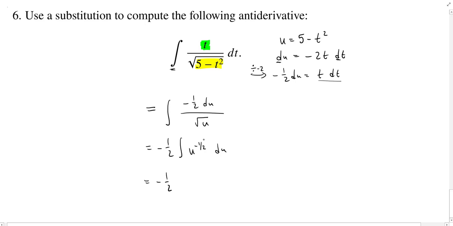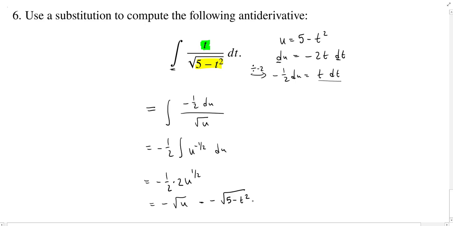And so, okay, I add 1 to the exponent, which gives me u to the 1/2. But then I have to divide by the new exponent. So I have to divide by a half, which is the same as multiplying by 2. Okay, cool. So 2 times a half is 1. There's just going to be a negative u to the 1/2, or negative the square root of u. Of course, then I'll back substitute, and I'll get negative square root of 5 minus t squared.